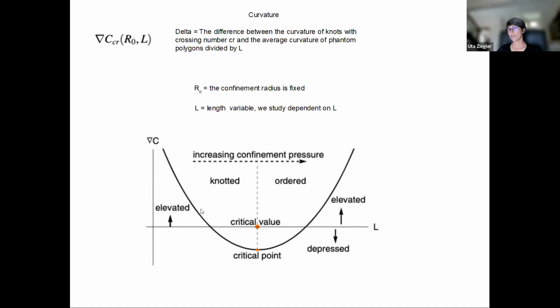So clearly at some point the knot's curvature is equal to the curvature of the phantom and then drops down. Now there seems to be a critical point at which this changes, where all of a sudden the curvature of that knot, which has a much lower crossing number than the average knots generated, increases again, and it often increases past the x-axis.